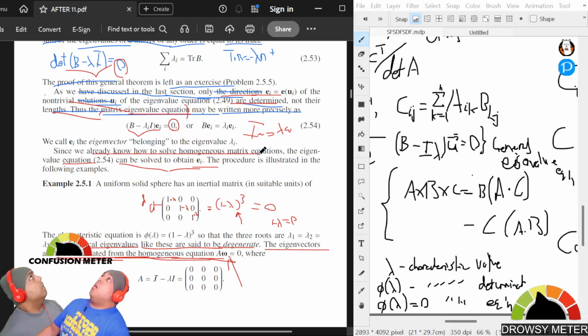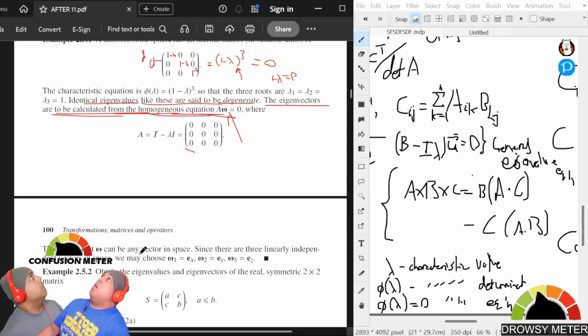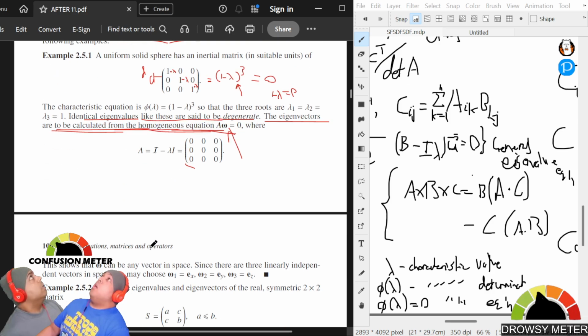Since we already know how to solve the homogeneous matrix equation, the eigenvalue equation, for e_i, we treat this as A, this as X, and this as C. A is B minus lambda I. This shows that omega can be any... okay, let's not jump to that.